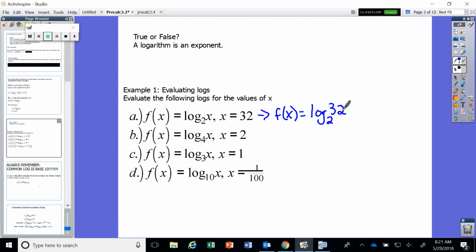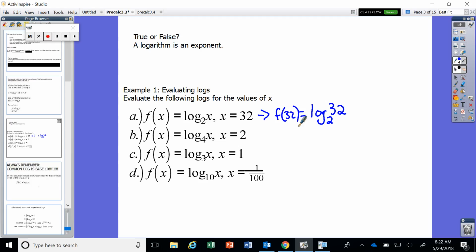So we want to evaluate this specifically. So log of, and I probably should have put 32 in here. So f of 32.